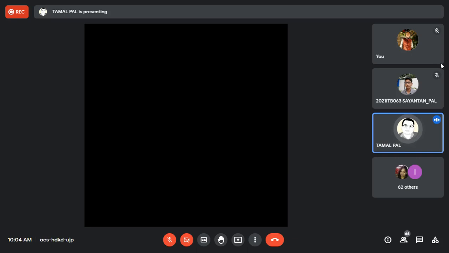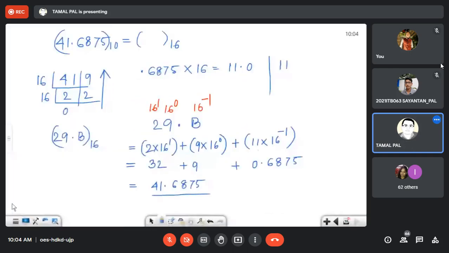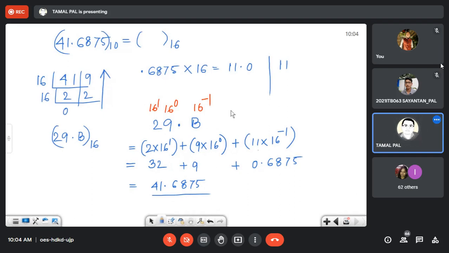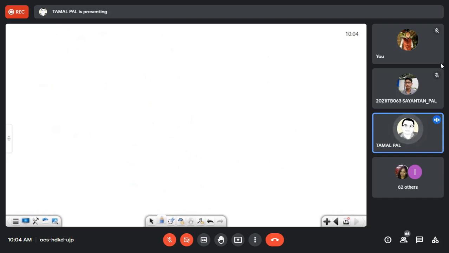So after the break, let us continue the lesson. So far we have learned conversions from any base to the decimal system, but there are some shortcut rules you have to remember.